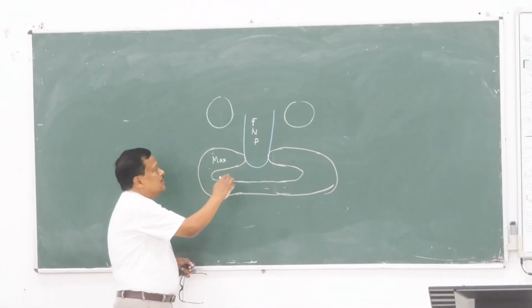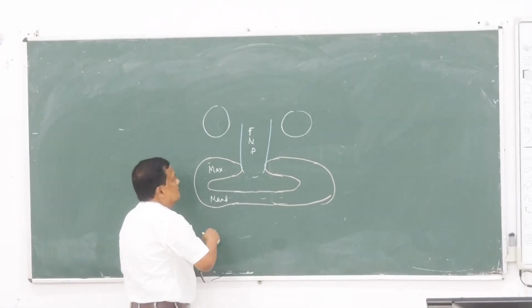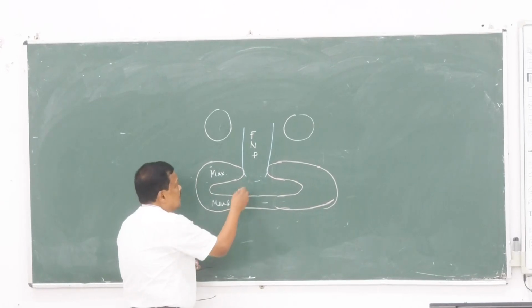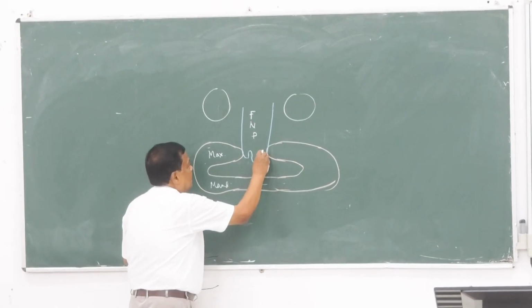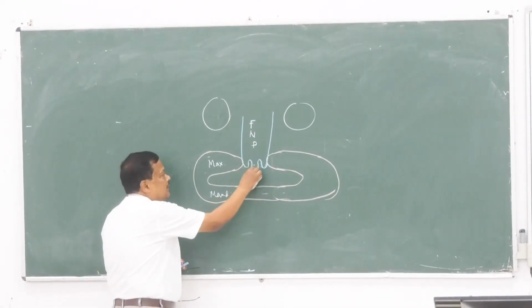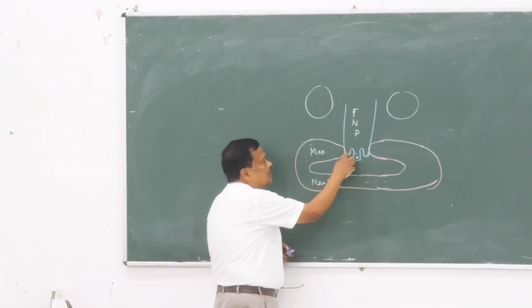And this frontonasal process again has a depression and elevation, so that it has lower three sub-processes: the median nasal process, nasal means nose, and the lateral nasal process.